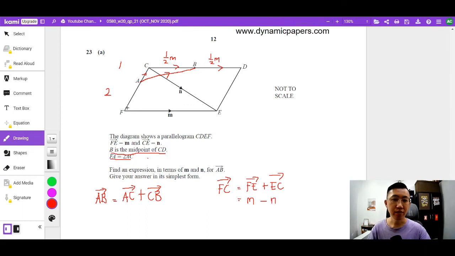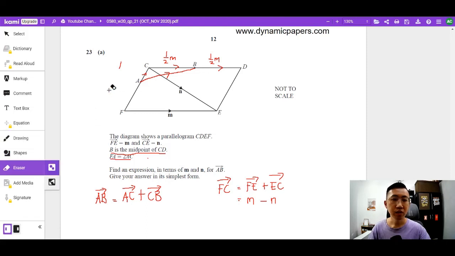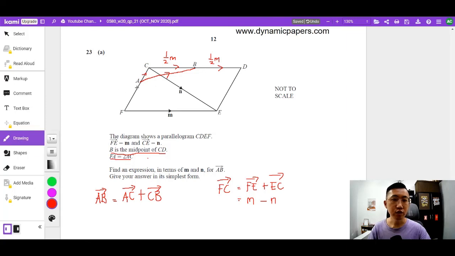Okay, so we know FC already. FC is m minus n. Now using this ratio, you actually can fill up these two pieces of information already. Remember the total number of the ratio will be 3. So this part right here is actually 2/3 of your FC.